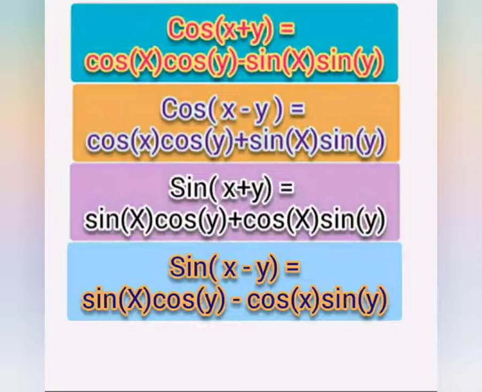In this way, we have proved that cos(x + y) is equal to cos x cos y minus sin x sin y. Cos(x - y) is equal to cos x cos y plus sin x sin y. Sin(x + y) is equal to sin x cos y plus cos x sin y, and sin(x - y) is equal to sin x cos y minus cos x sin y.